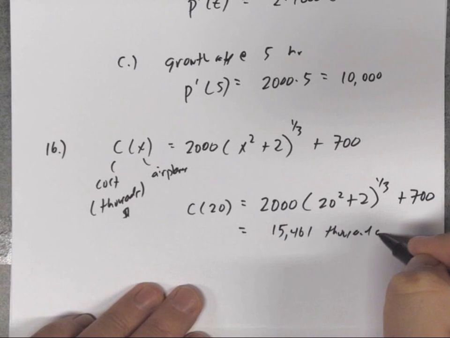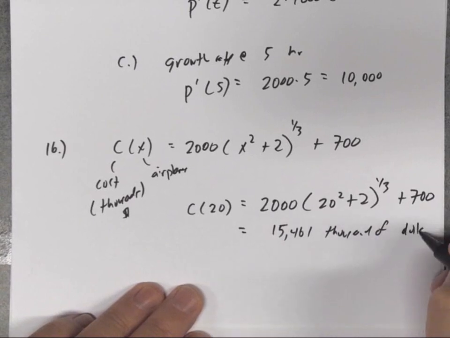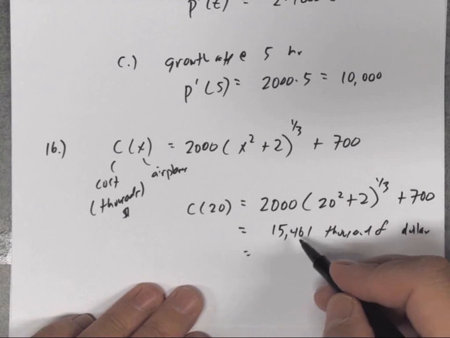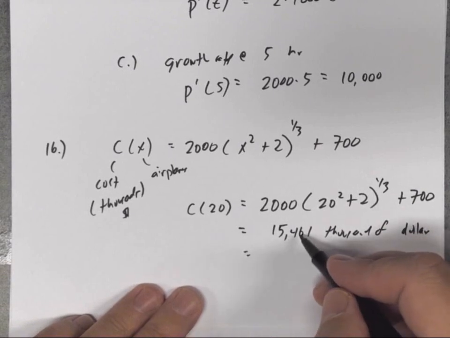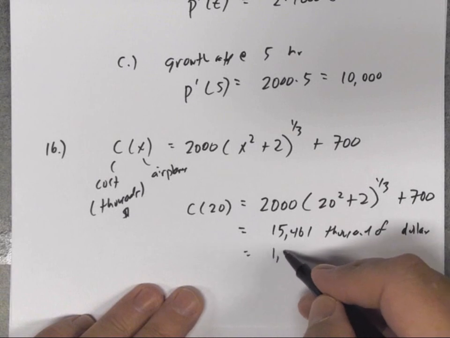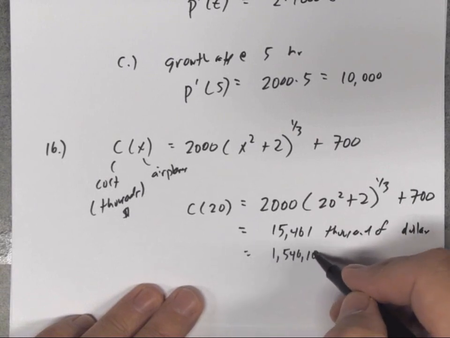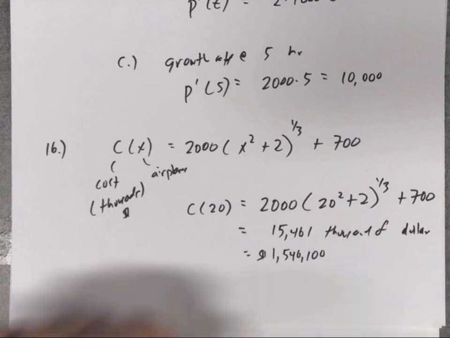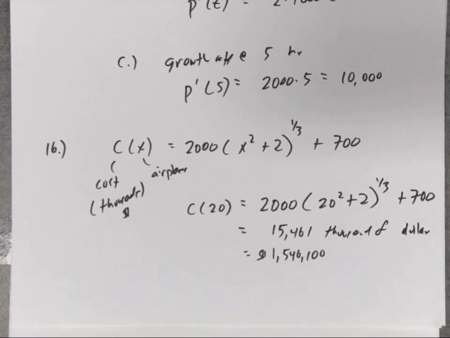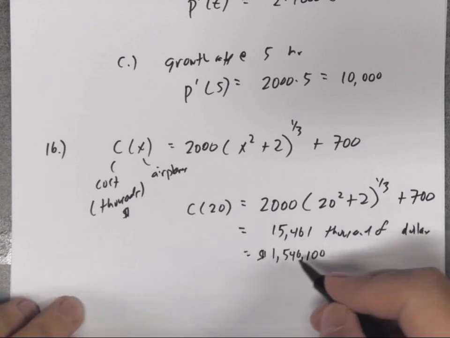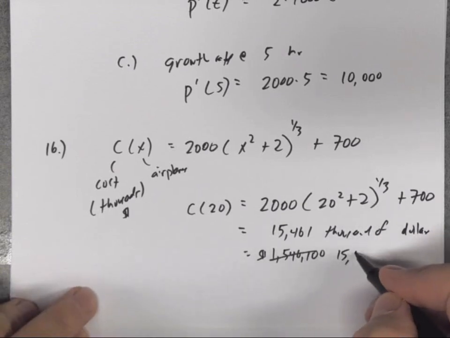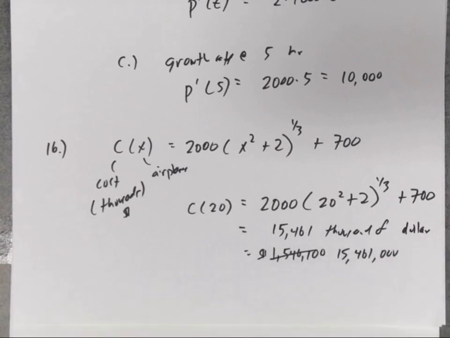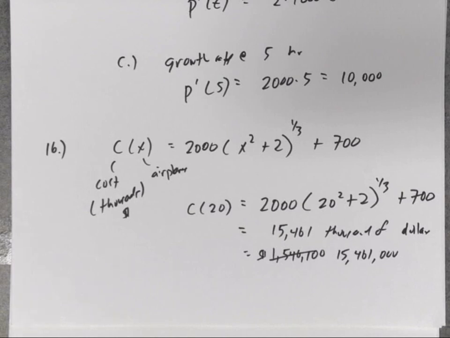But that's thousands of dollars. If we convert that to actual amount, take that times 1,000. Actually, I think I got it wrong. I think it's 15,461,000. Wow, pretty pricey.